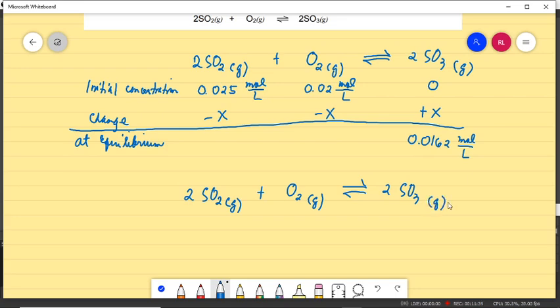In order to produce 2 moles of sulfur trioxide, we need 2 moles of sulfur dioxide and 1 mole of oxygen gas.